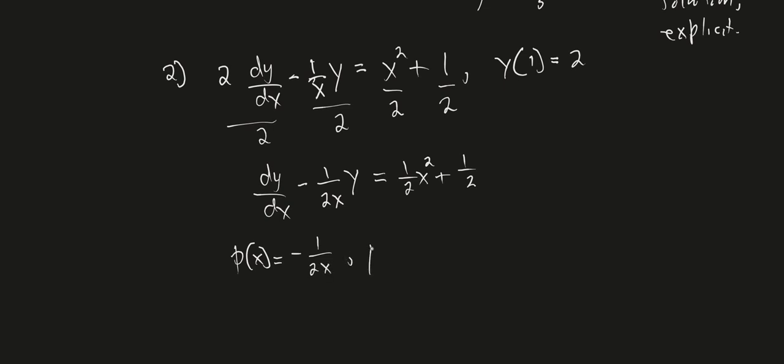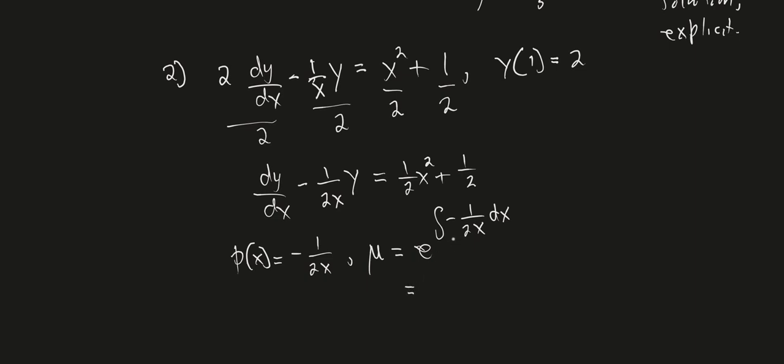That means my integrating factor is going to be e to the integral of this. So this is e to the integral of negative 1 over 2x dx. Well, again, this is not a constant, so we have to integrate this a little more carefully.